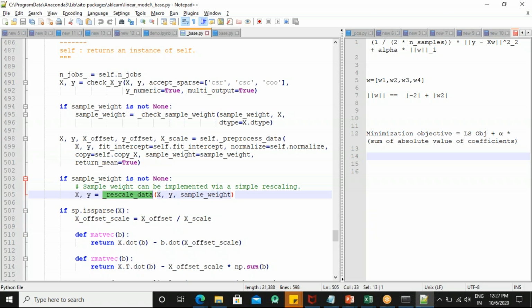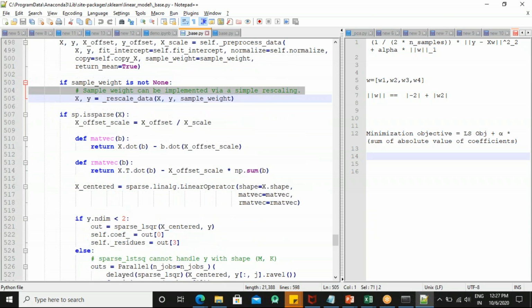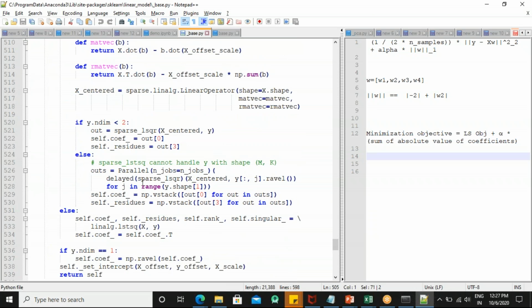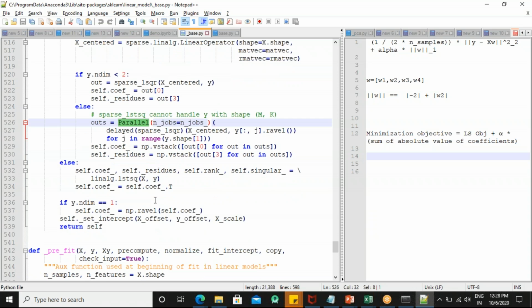Some models internally do the data scaling also. So you can check here whether my model is doing the scaling or not. There are a lot of such stuff. How the data handling is happening. What is this parallel thing?